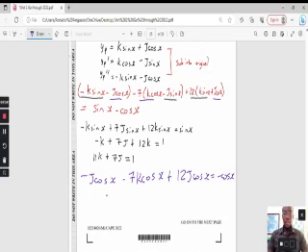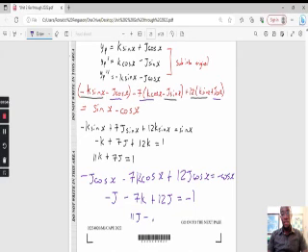Divide through by cos. This is minus j minus 7k plus 12j equal negative 1. Group like terms: minus 1 plus 12 is 11, so 11j minus 7k equal to negative 1.